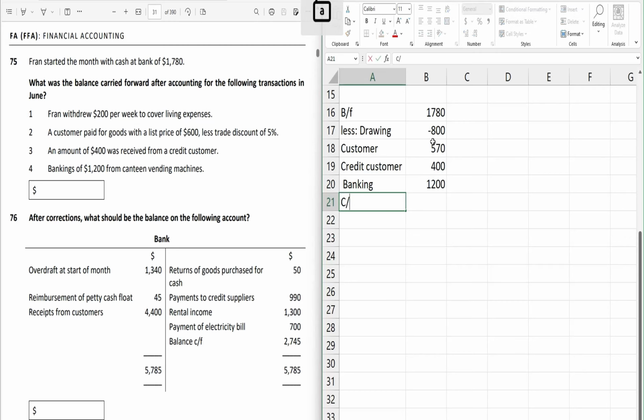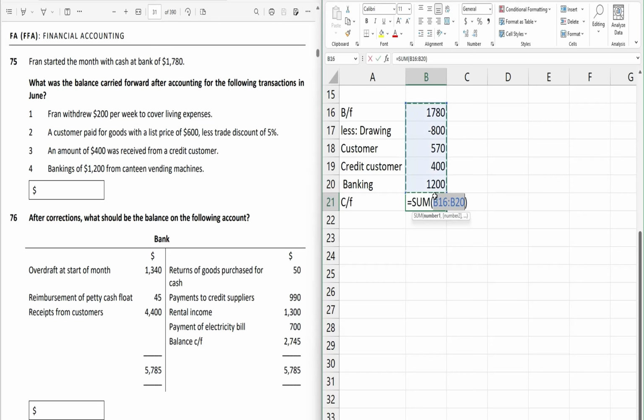So the carried forward amount is, okay, it's 3150. Or you can make a ledger like this where you will have an opening balance.